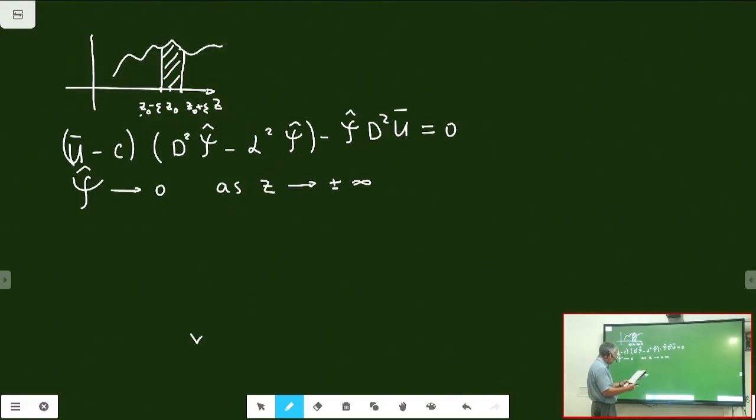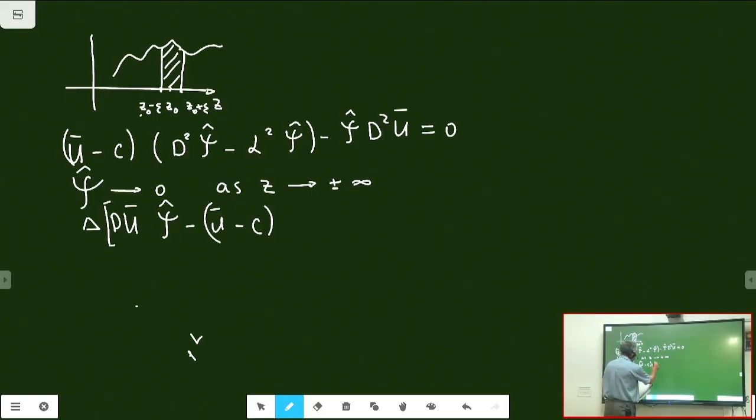And the jump conditions are: the jump of u bar d psi hat, minus u bar minus c times d psi hat, is equal to 0, and that's the pressure continuity condition.